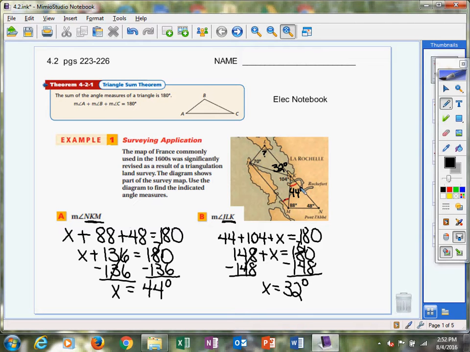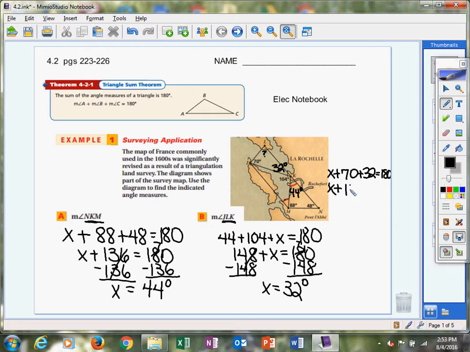So now do we have enough information to use the triangle sum theorem to get the missing angle L? And I say that, yeah, the answer is definitely yeah. So we're going to take L, we'll make L kind of our x or unknown, plus 70 plus 32, and that equals 180. That's how much all the angles in a triangle are worth. And then we'll add 70 and 32.